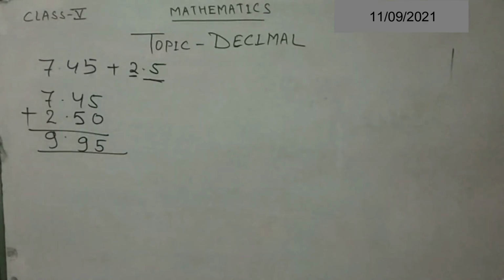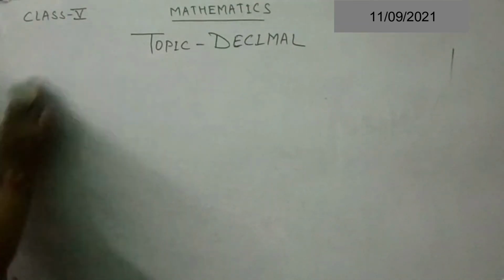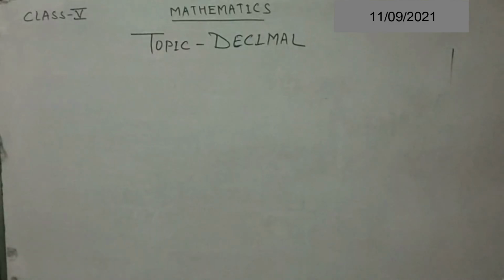Okay. Now the next question is multiplication. How to multiply decimal numbers. Decimal number multiplication is also very easy. You have to do the simple multiplication and after that you have to put the point. Okay.